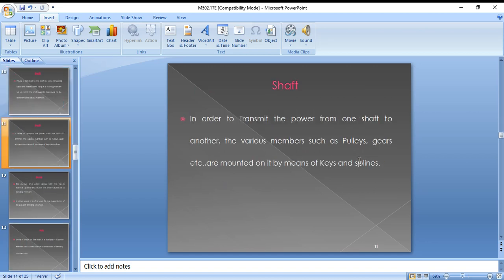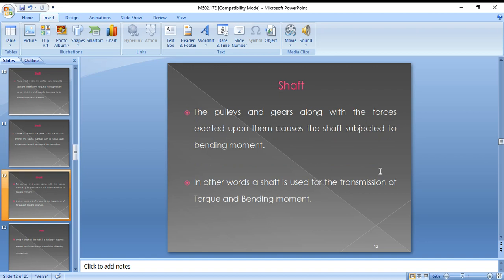It can carry pulleys and gears, which are mounted by means of keys and splines. The pulleys and gears, along with the forces supported upon them, cause the shaft to be subjected to bending.